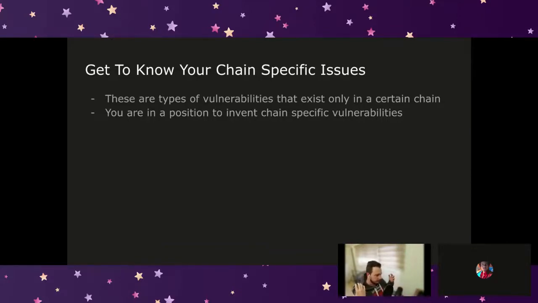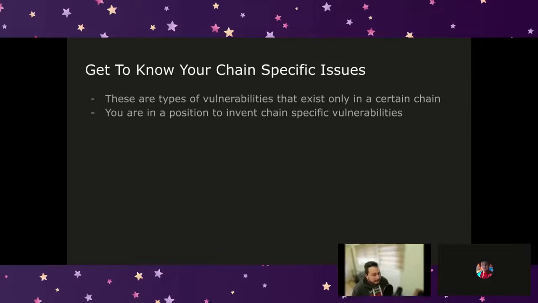These are types of vulnerabilities that exist only in a certain chain. Let's say a chain specific issue exists only in Substrate, but doesn't exist in Near. As I mentioned before, not much research has been done.